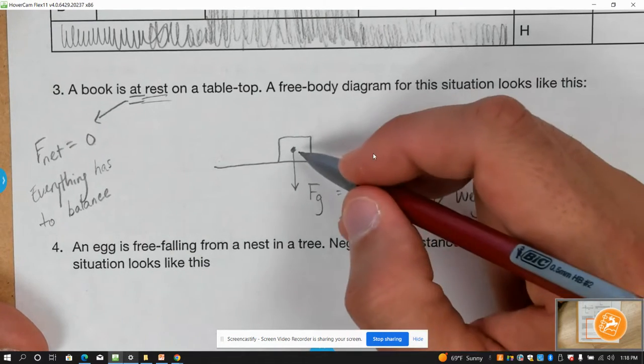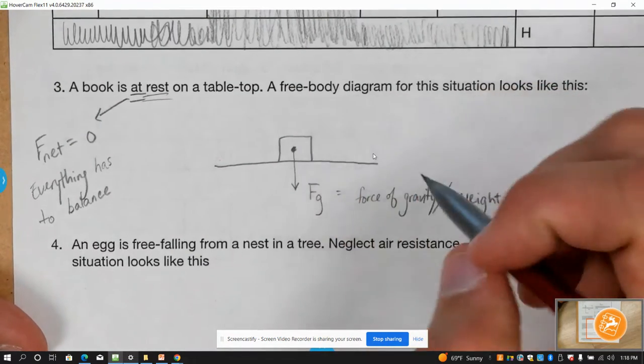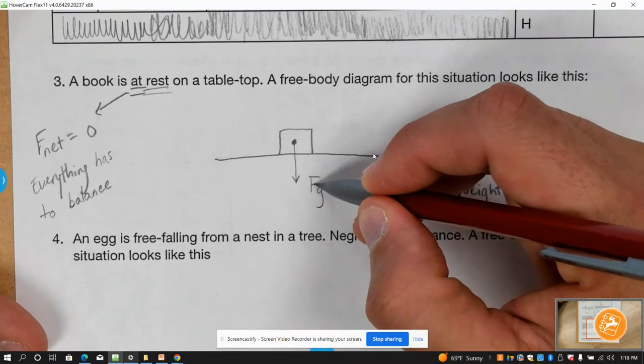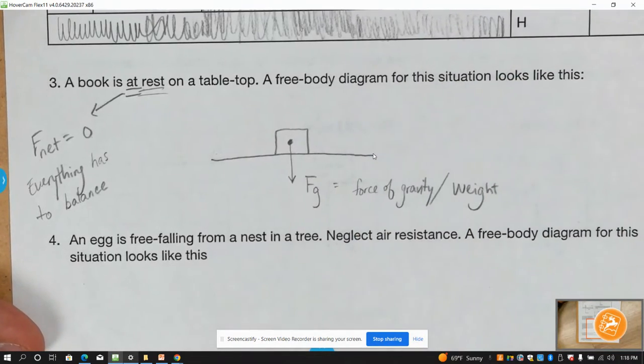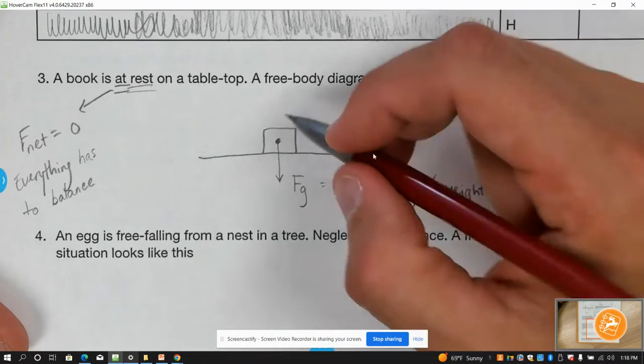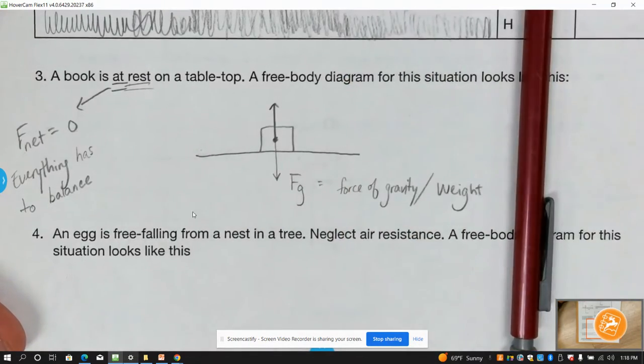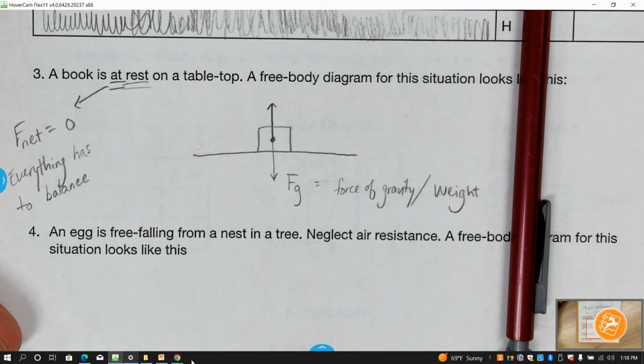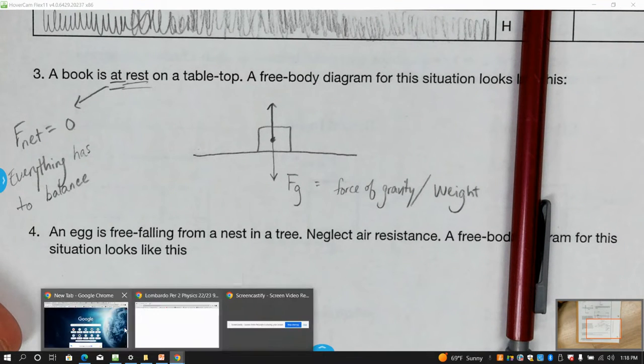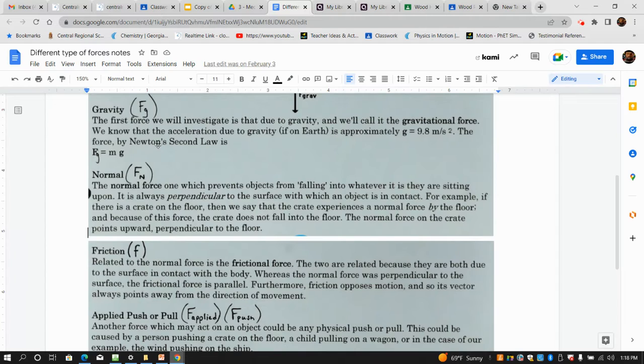In this case, pretty much every object, guys, is going to have what we will write down as F sub g, force of gravity or weight. Now going upward, you have your force of gravity, gravitational force, weight.